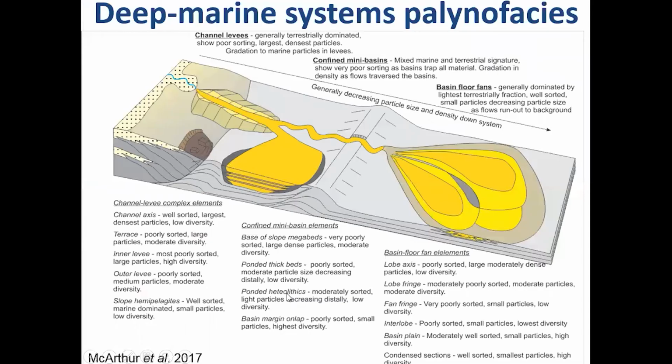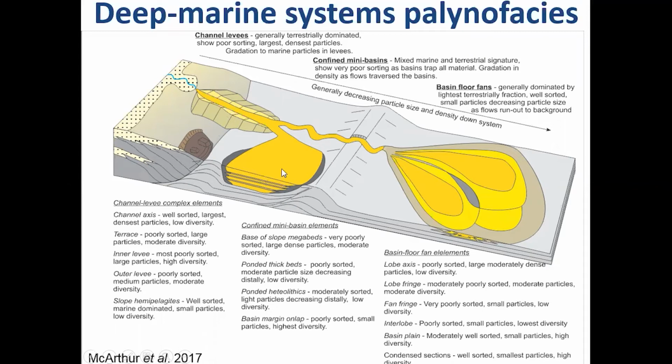So to summarize the development of the methodology, we looked at slope channel-levee systems, the palynofacies of which were largely dominated by terrigenous particles. They show a very poor sorting, and overall the largest and densest particles of any of the deep water systems, with a gradation towards lighter material and more marine matter as we move away from the channel into the overbank and background slope deposits.